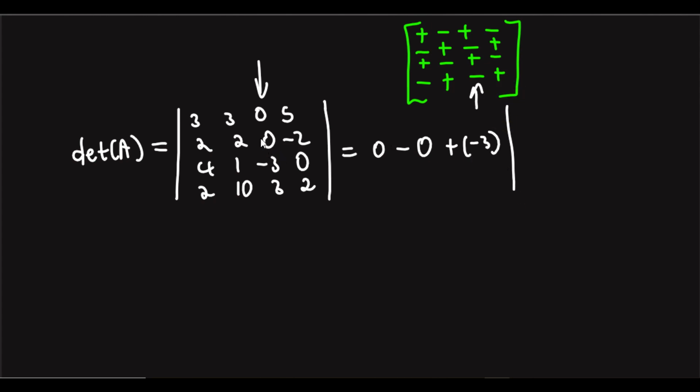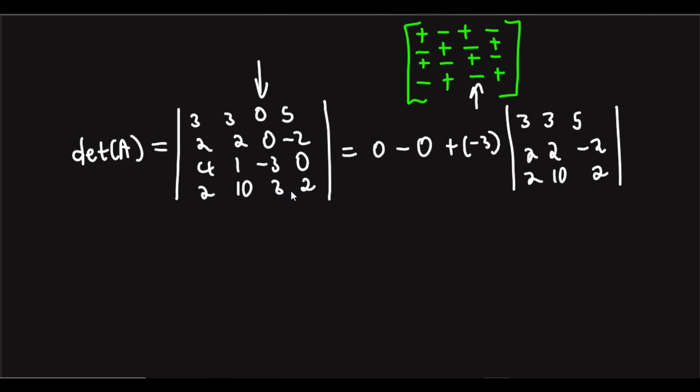If we block column 3 and row 3, this is what we are going to have: 3, 2, 2, 2, 10, and then remember we are blocking this column, so we'll have 5, negative 2, and finally 2. Okay, so that's not all.